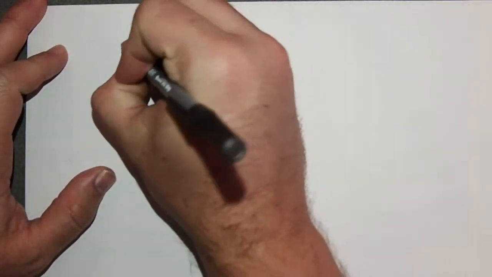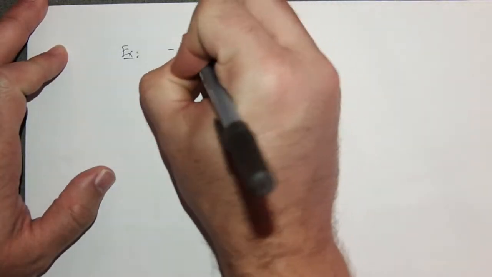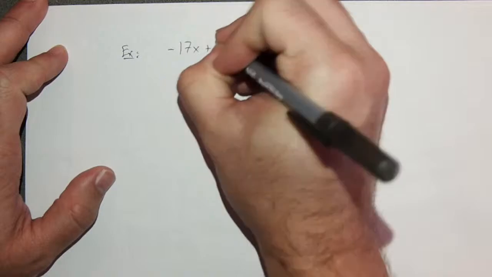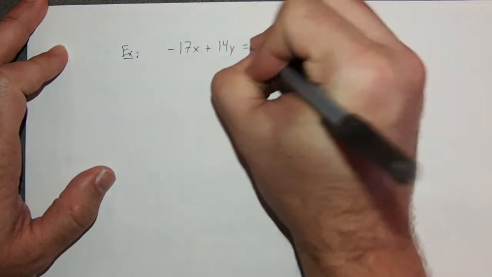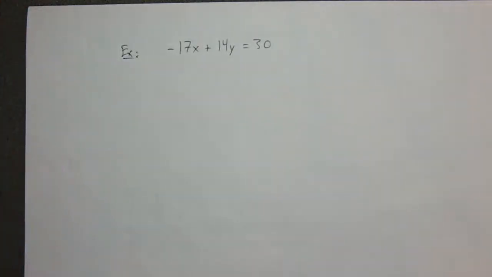The one more thing I wanted to say is, what if you had an example like this? So let's say minus 17x plus 14y is equal to 30. Okay. So let's say you had something like this.